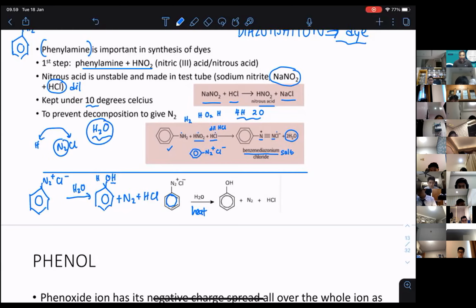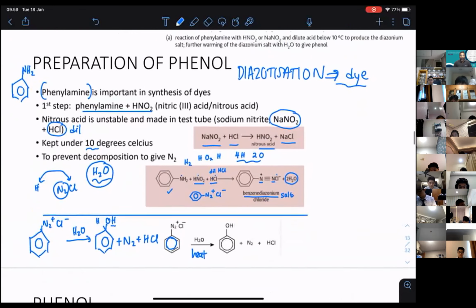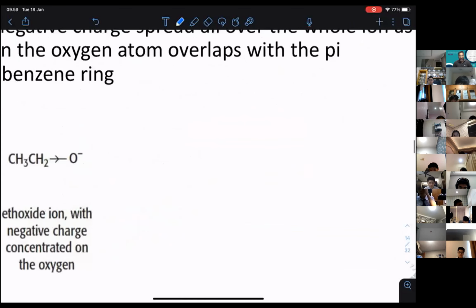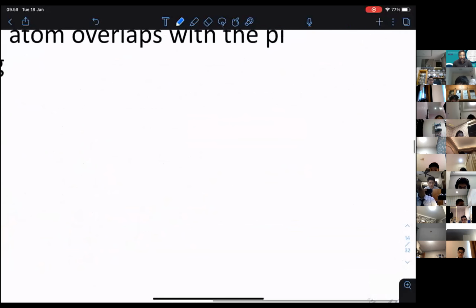In the end, if I want to write down the preparation of phenol, you should know how to write it. I'll go through this again with you. The preparation of phenol starts off by preparing the HNO2. How do you prepare HNO2?